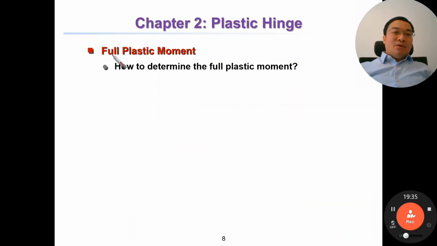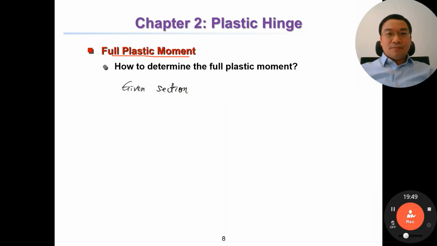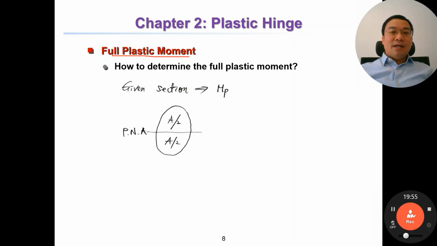Full plastic moment. In this section, I'm going to talk about how to determine the full plastic moment of a section. If we have a section, then how to calculate Mp?